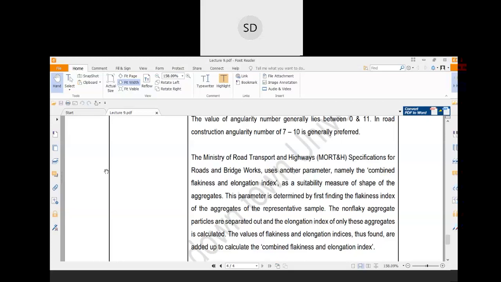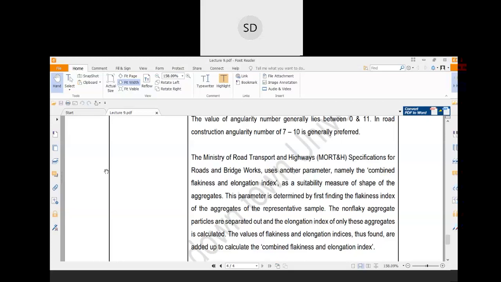So first you determine the flakiness index for a sample and separate all the flaky particles. Whatever aggregate remains is the normal shape aggregate, and you do the elongation test on that. So the elongation test is conducted only on the aggregates which are not flaky.